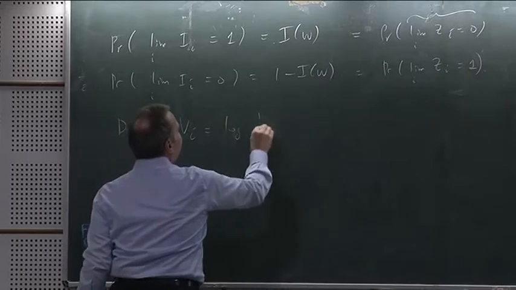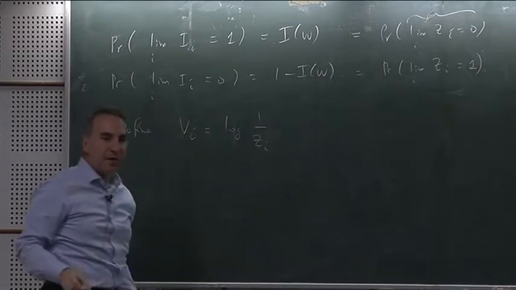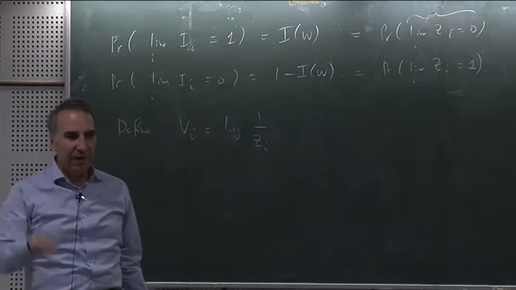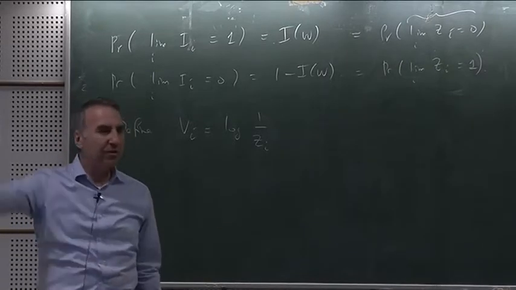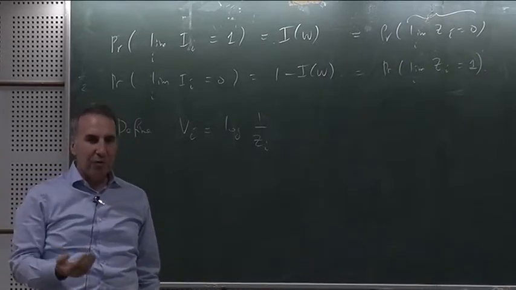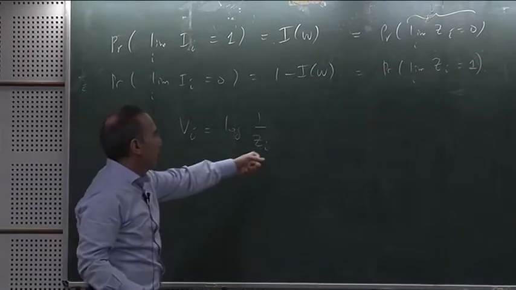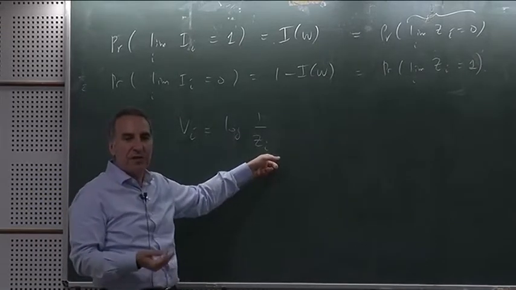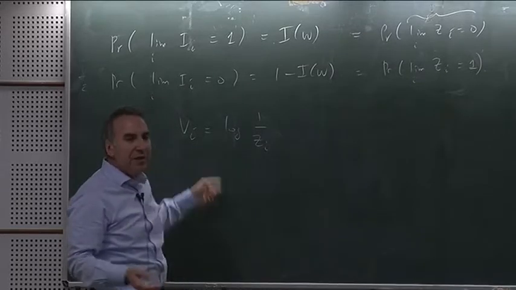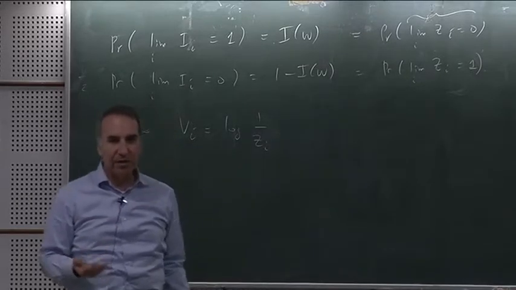Define Vi as being log of 1 over Zi. So Zi going to 0 means that the Vi is supposed to blow up to infinity. I want to show you that this is blowing up to infinity fast. For example, exponential decay in the Z, in the I, would mean linear growth in the Vi.